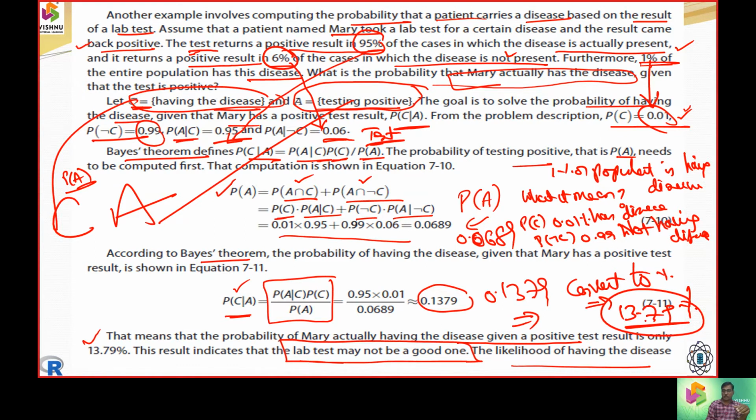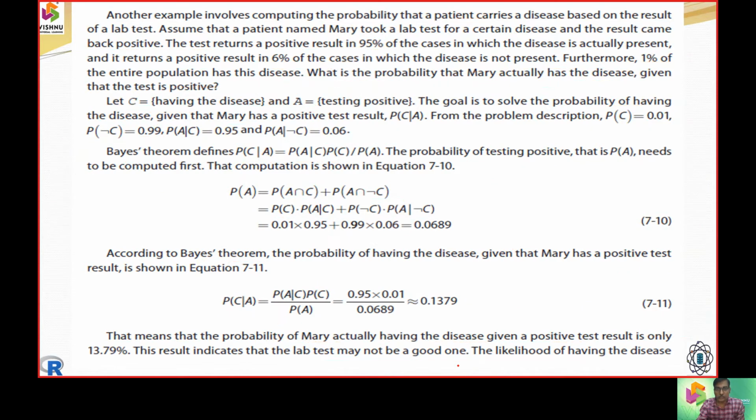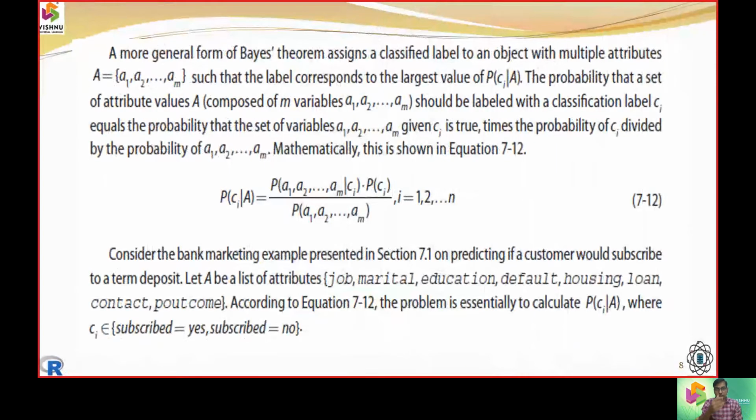So we got the probability of 13.79%, and only 6% is true. So the result indicates that the test may not be good. That is the likelihood of the probability.